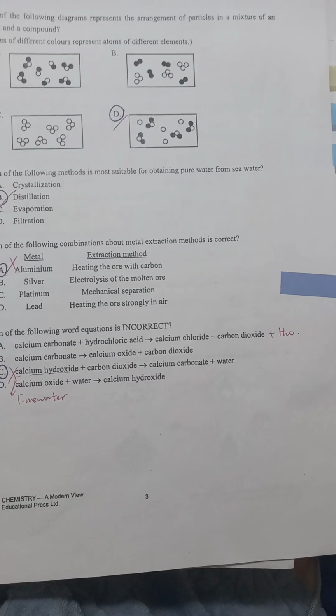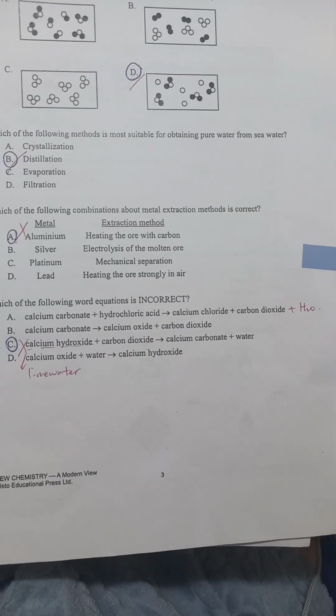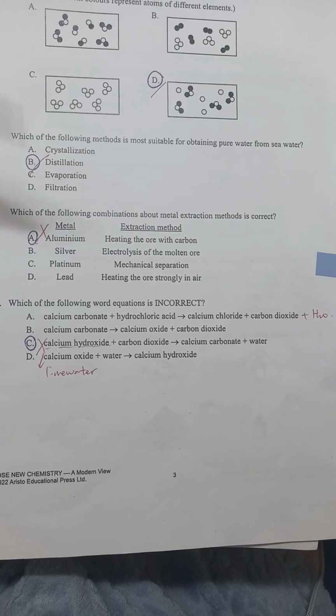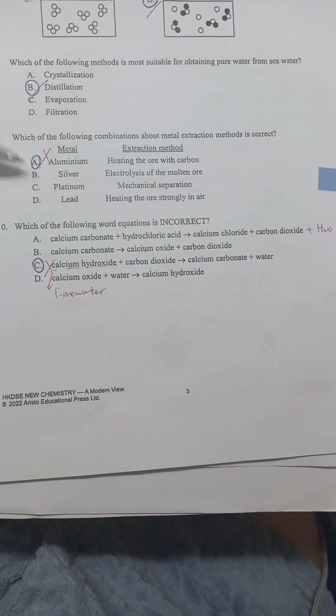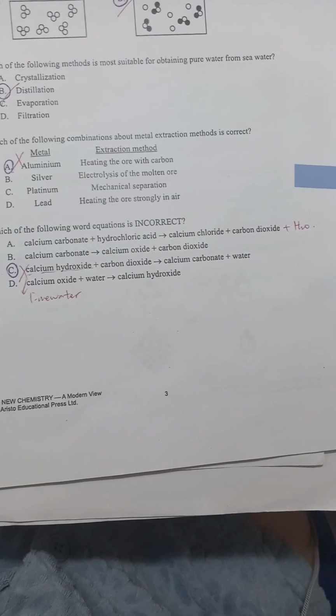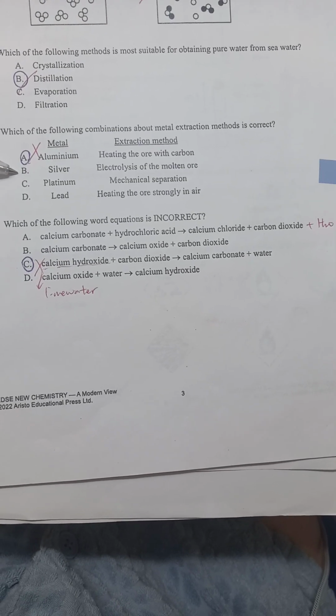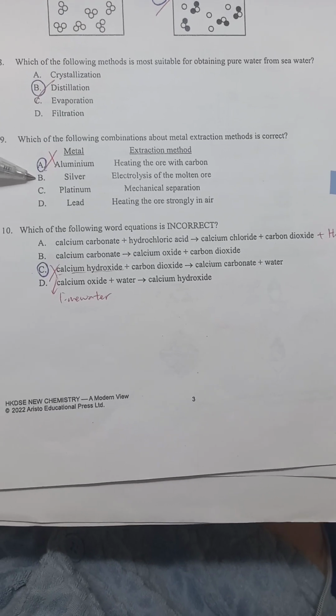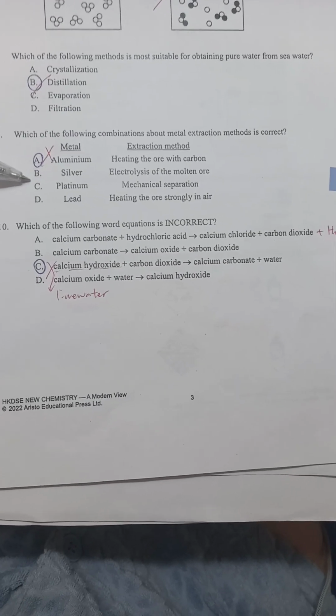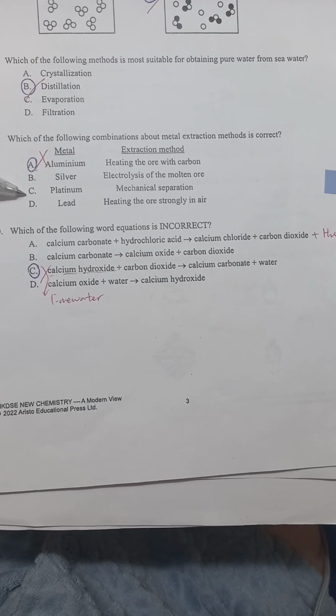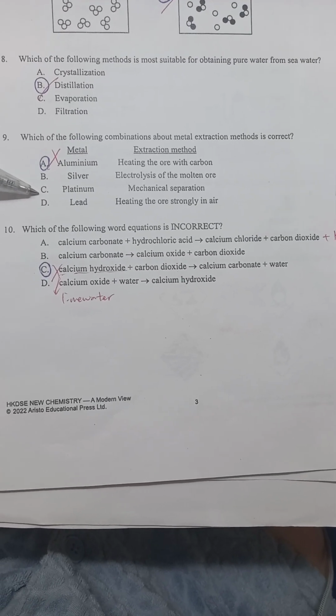And then extraction method. For aluminum, because this is a reactive metal, we should use the electrolysis of molten ore. This is incorrect. Silver. How can we extract the silver? Just heat the silver oxide. Just heat the ore alone. Okay. For platinum, it is similar to gold.